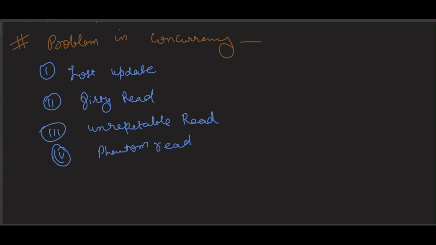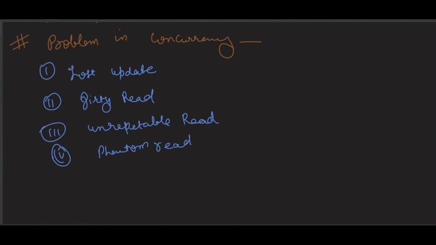So first is lost update. In this, one transaction overwrites changes made by another. For example, suppose two users update the same balance and one update is lost. Okay, so this comes under lost update. So the next one is dirty read. Dirty read means a transaction reads uncommitted changes from another transaction.